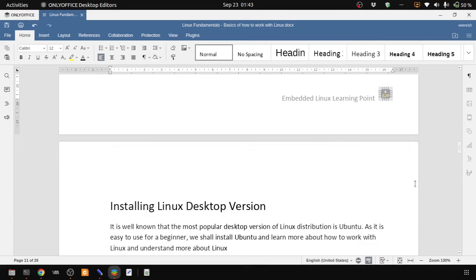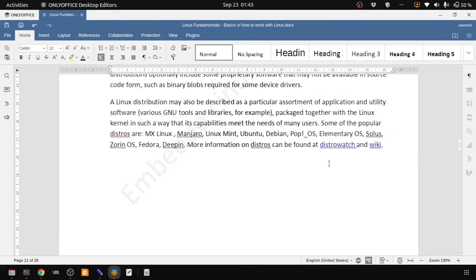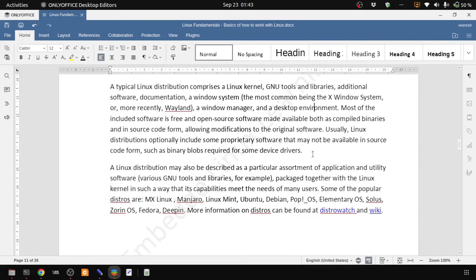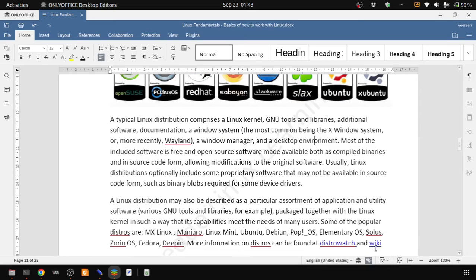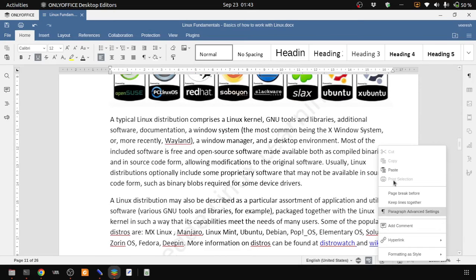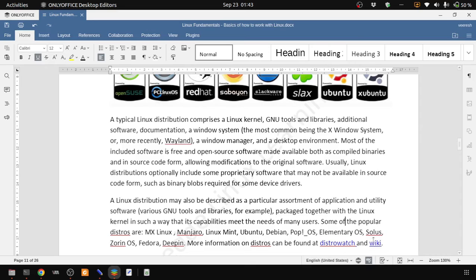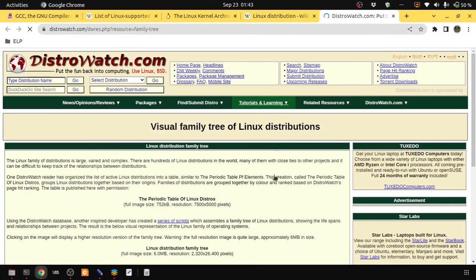Okay, so let's understand a little bit about these distributions. Let's go to this wiki page. How do I open it? Okay, Control and click, it goes to the wiki page, and we have DistroWatch. This is a page where distributions are basically listed.